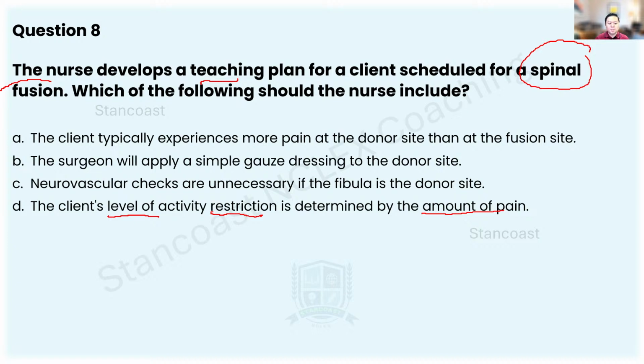No. Now let's take a look into this one. The activity level is going to be prescribed by the surgeon solely. Activity restriction is going to be rigid this time. It is going to be prescribed by the surgeon.